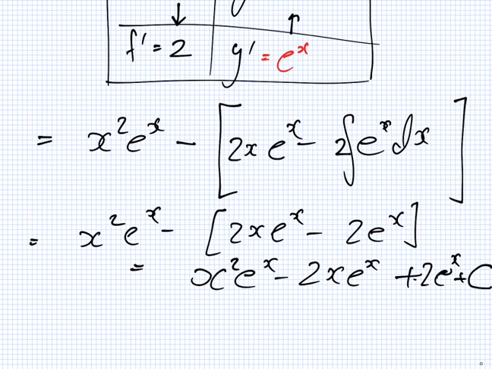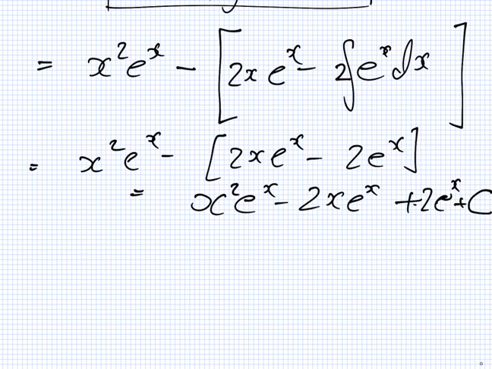Okay, so let's have a look at an example that's a little bit more difficult. Oh no, actually, let me give you one to try. Now what's the antiderivative of log x?